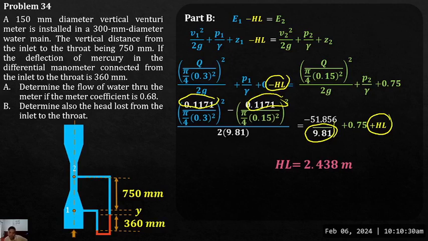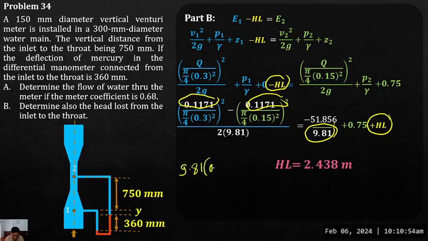Try natin, no? So, let's say, magko-compute tayo, assuming na lahat water yan. So, assuming na tubig yan lahat, let's say, from point 2, gamma H mo is 9.81.